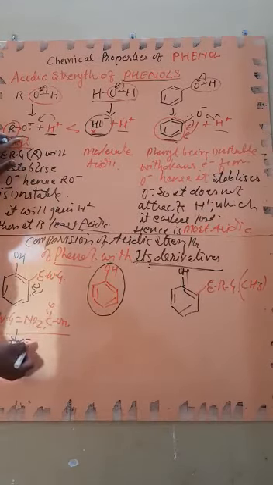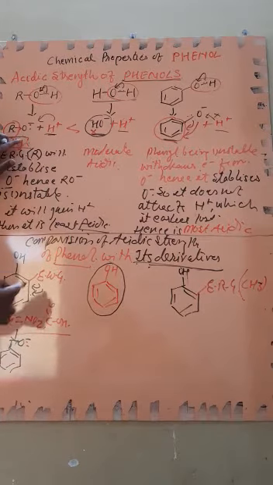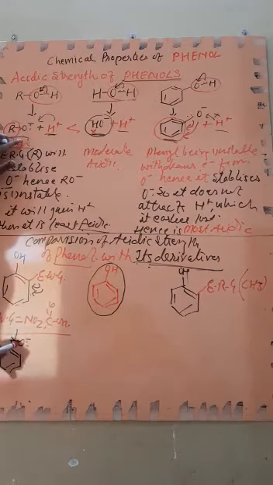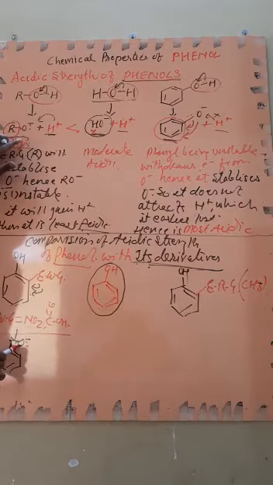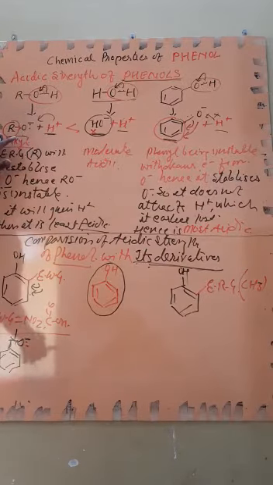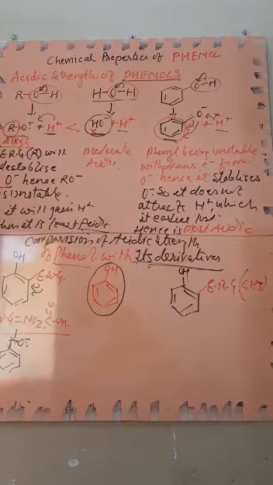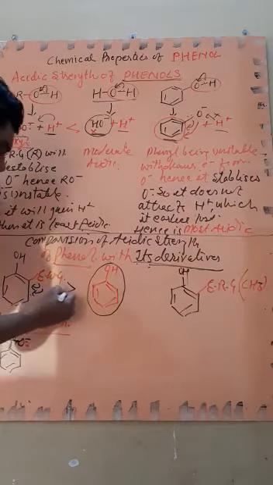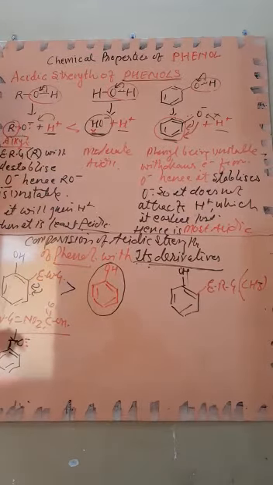Why unstable? Due to excess of electron. If an electron withdrawing group is there, then it will withdraw electron from oxygen, and therefore the oxygen will become more stable, and if it becomes more stable, then it will not tend to gain electron. That means in that case, the compound will become even more acidic as compared to phenol.